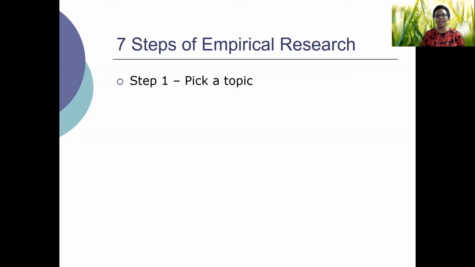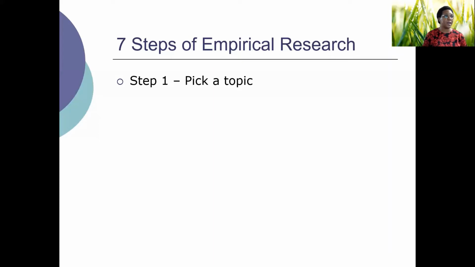So ideally, I recommend for students in this program that you identify a topic that is connected or related to your program of study. So think about the topics that you have covered in class. Think about, for example, if you are in criminal justice, maybe you're interested in juveniles, maybe you're interested in marijuana use, or if you're in organization and leadership, maybe you're interested in leadership in the workplace.